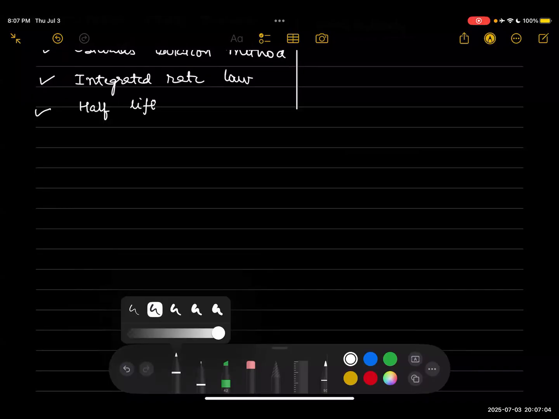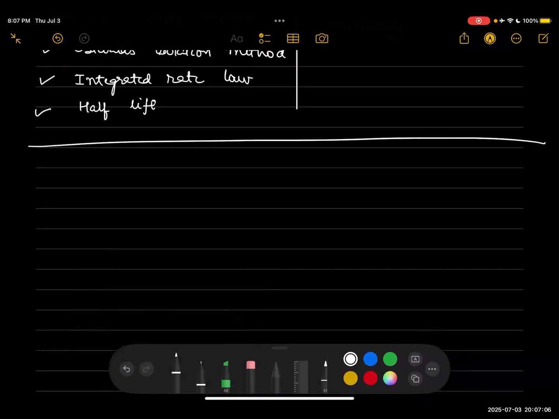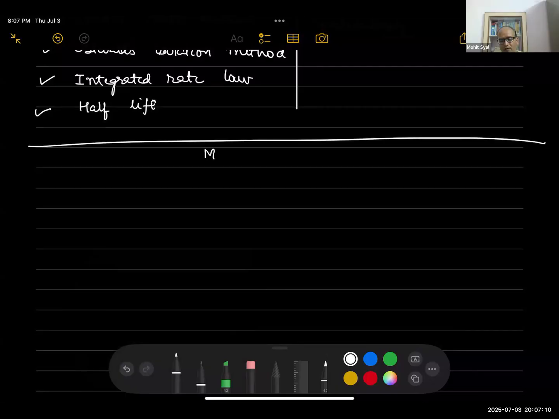So on the basis of mechanism, reactions can be classified into two different categories. What are those two different categories? Can you tell me?